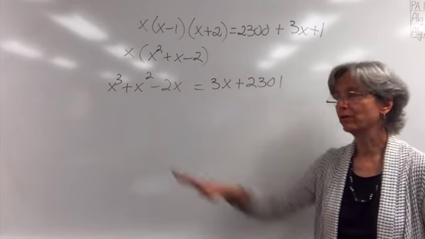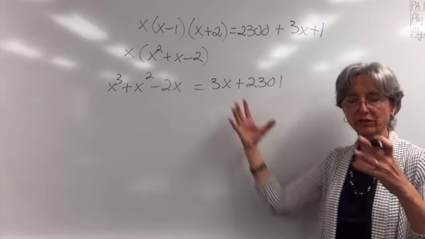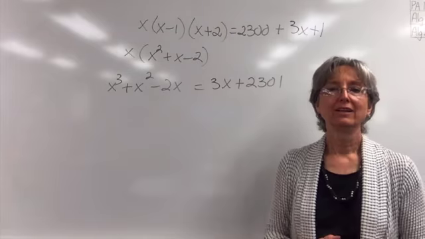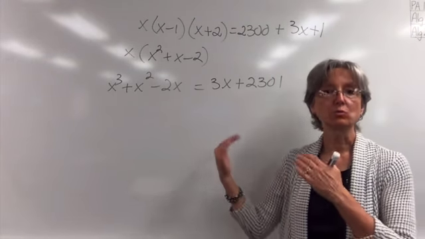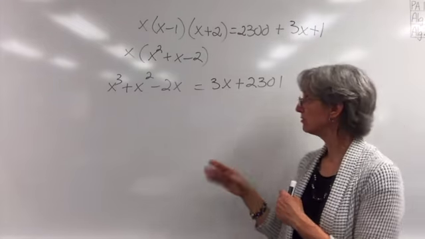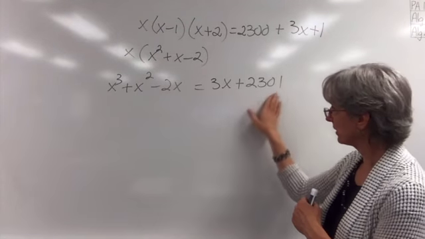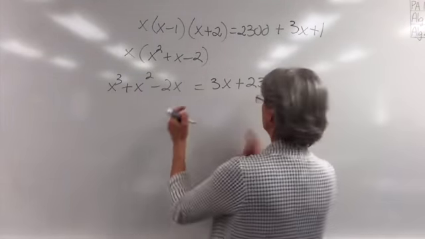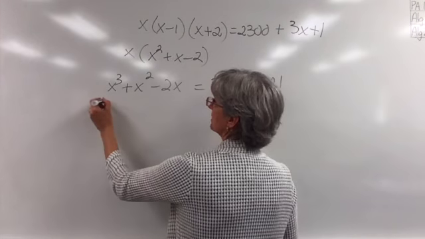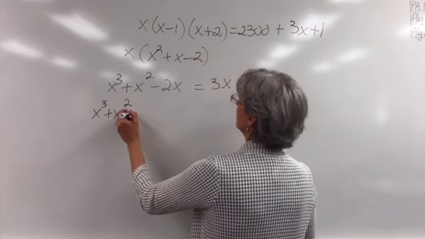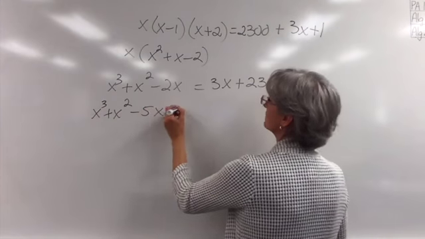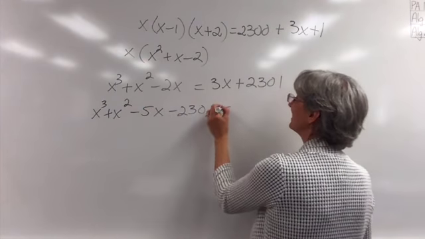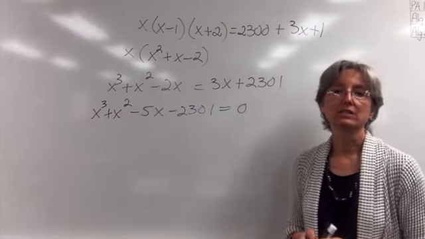So there we are with the 2 sides simplified. The next step to solve this would be to set it equal to 0. So I'm going to move this 3x and this 2301 over, and I get x cubed plus x squared minus 5x minus 2301 equals 0.